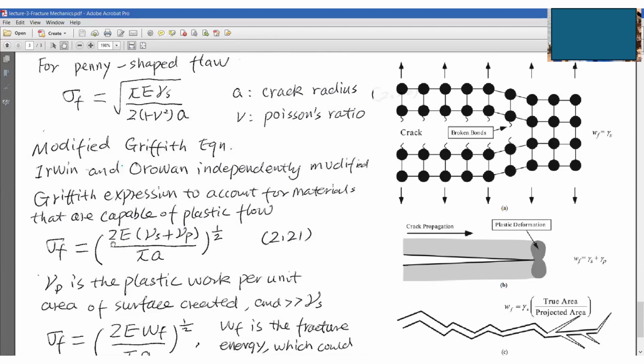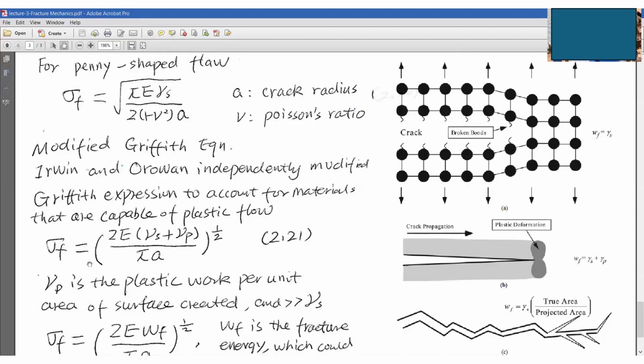Just like Sir Isaac Newton and Professor Leibniz, these two talented guys got the same equations independently. They did not copy each other. So Irwin and Orowan independently modified the Griffith expression and got this equation.